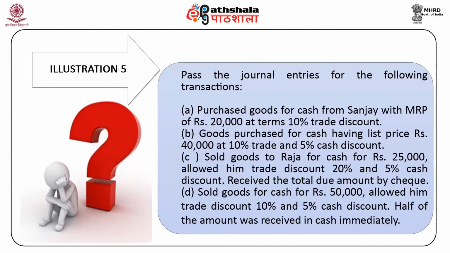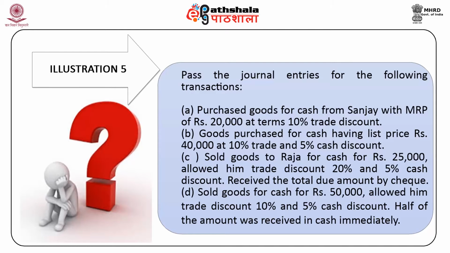C. Sold goods to Raja for cash for Rs 25,000, allowed him trade discount 20% and 5% cash discount. Received the total due amount by check.